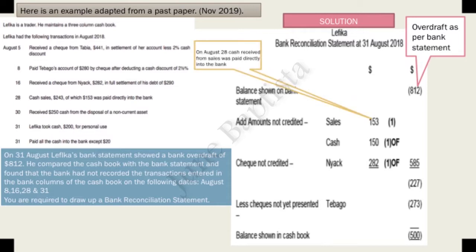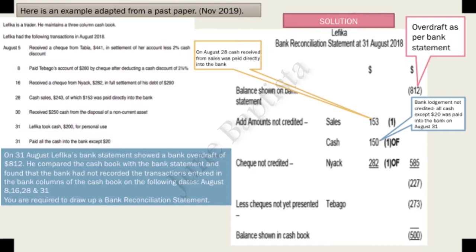Cash sales of $153 received on August 28th and not recorded in the bank statement. Cash $150, which was the additional cash over and above $20 that was paid into the bank on August 31st.